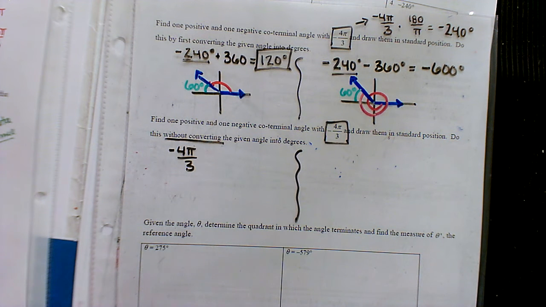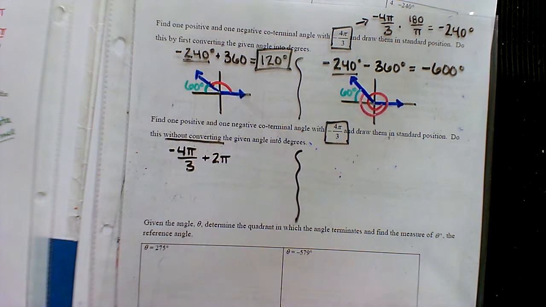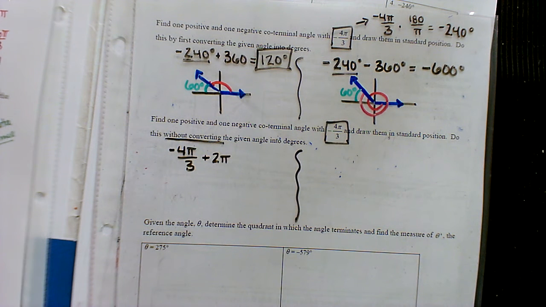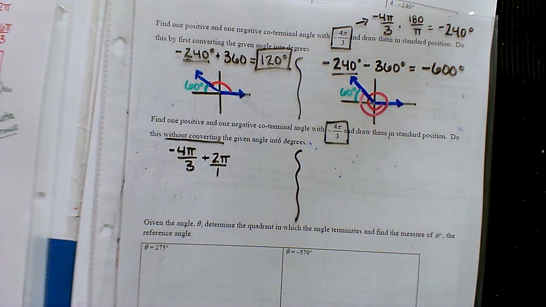All right, so let's start with the negative 4 pi over 3. And instead of adding 360, because we're not working with degrees anymore, we're working with radians, we'll add 2 pi. Remember, that was the circumference of the unit circle, 2 pi all the way around. So this is when it can get a little tricky, because notice how we're working with fractions, and we're going to have to be familiar with our fraction work. If we're going to add 2 pi, we're going to have to convert it to a common denominator, that way we can add these fractions together.